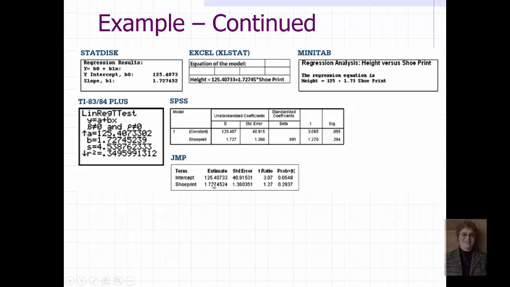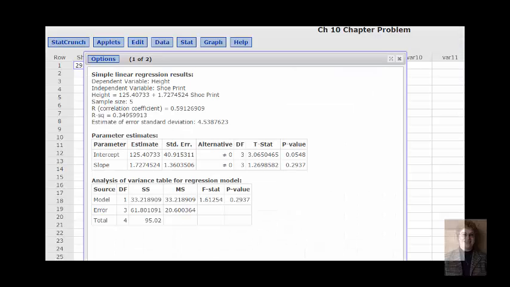Let's go ahead and look at StatCrunch. On StatCrunch it's kind of nice because it is labeled in a nicer way. Here we have our intercept, here we have our slope, and those are the two numbers you need in order to come up with a line of least squares regression.